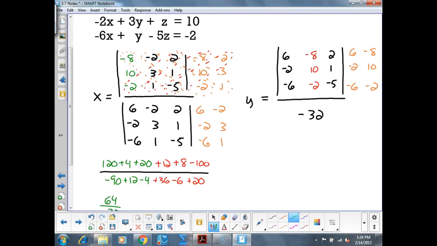Okay, so we got negative 300 plus 48 plus 8 minus negative 120 minus negative 12 minus negative 80.